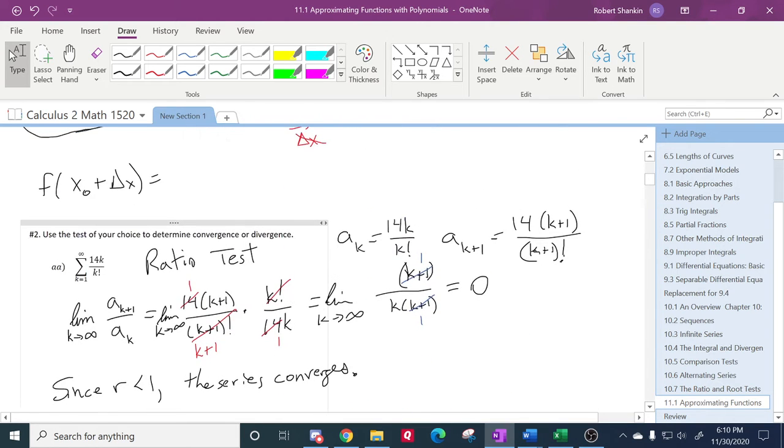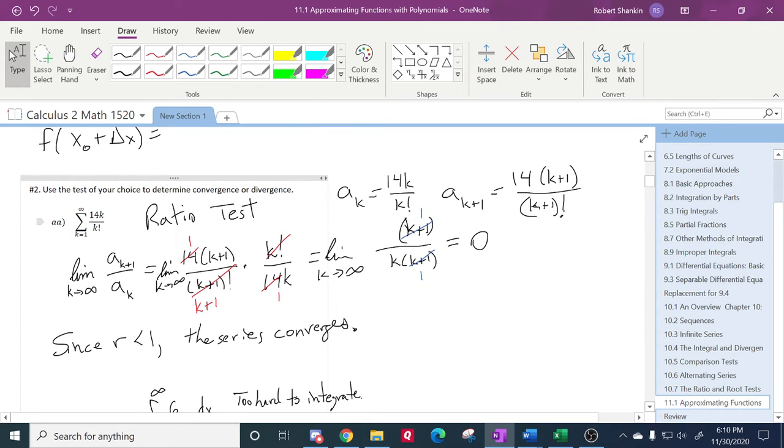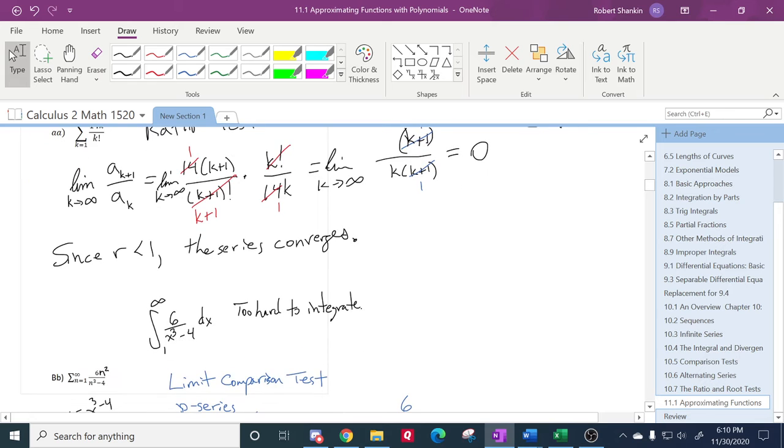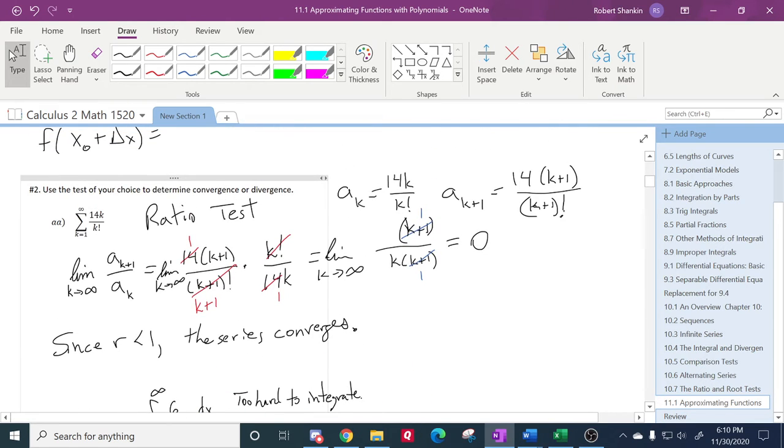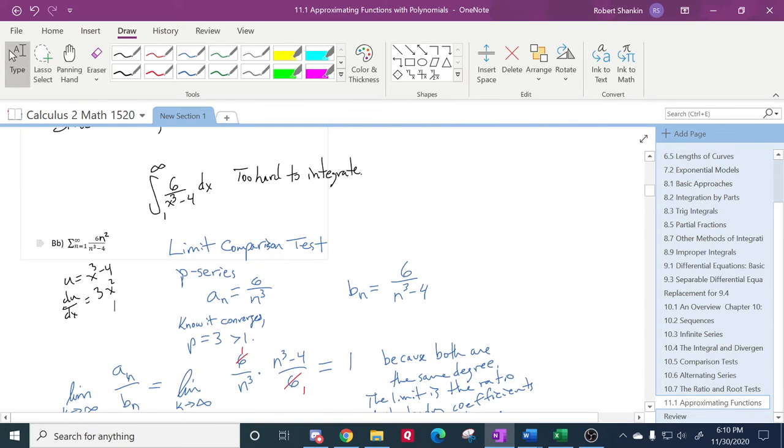Like this one right up here, the ratio test, when it has a factorial in it, the only test that's really going to work is the ratio test. Like if it had that n squared, you could use a limit comparison test, or you could use the integral test.